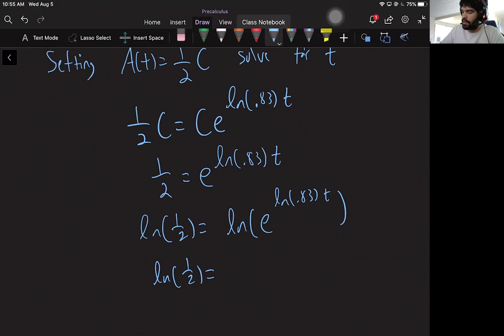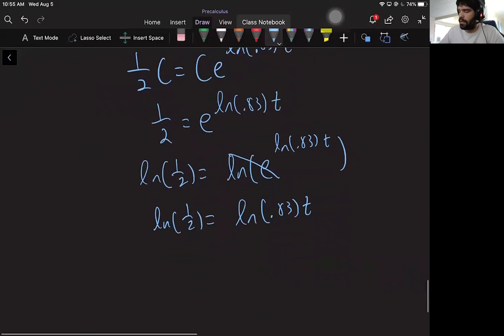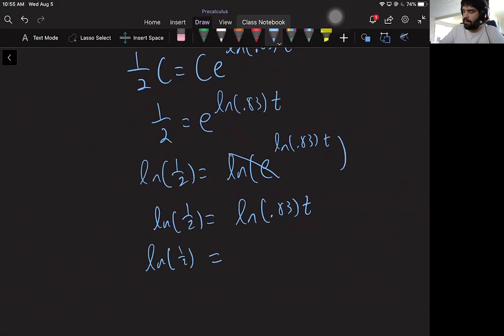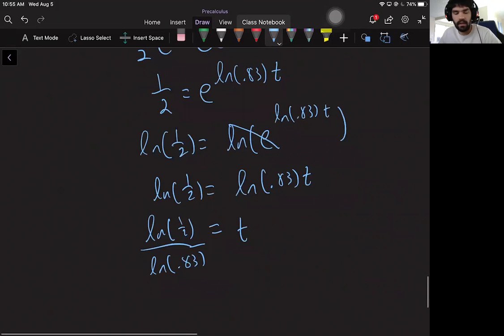So then these cancel and you just get what's left in the power to come down. And now to solve for t, I just have to divide that over, and then this is your answer. So you could plug this into a calculator and it'll give you an amount of time. I forget exactly how much, I didn't estimate it, but that's it.